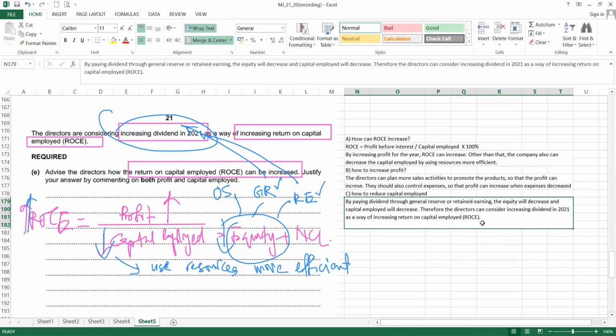Now let's move on. The question says advise the director how return on capital employed can be increased.